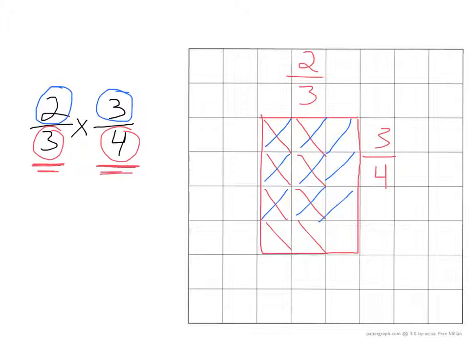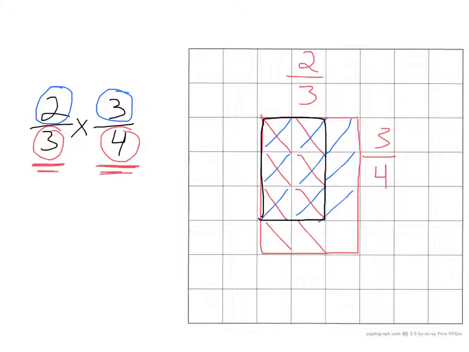What I'm interested in is the parts where they intersect. In other words, the parts that have the X's in them. These squares here represent 2/3 of 3/4. This is the fractional part of the array that I'm interested in.